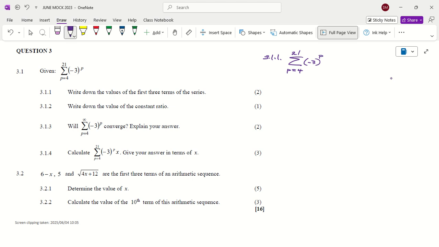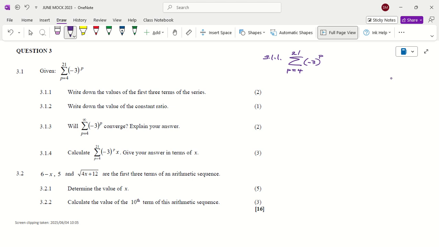It says write down the values of the first 3 terms of the series, right? Guys, the question doesn't even need to ask you to write the first 3 terms. When you see sigma notation, you are going to write the first 3 terms. You have to expand the sigma notation before you answer, because as I said in the beginning, you only need the first 3 terms to answer questions relating to number patterns.